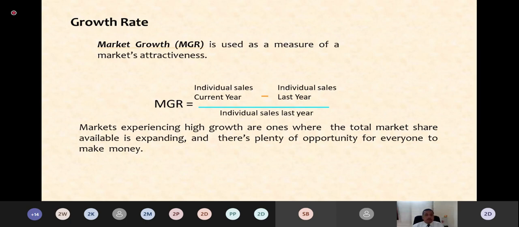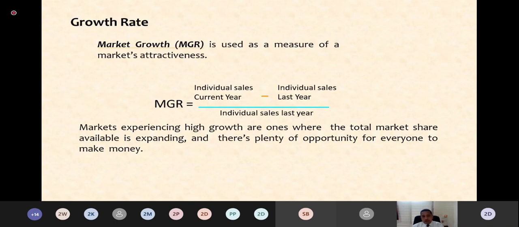So if we do this calculation, we can say how much the market has grown for that particular company, how much more market share the company is able to earn than the past year, and it is used as a measure to understand the market's attractiveness.